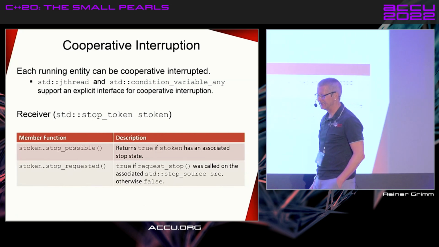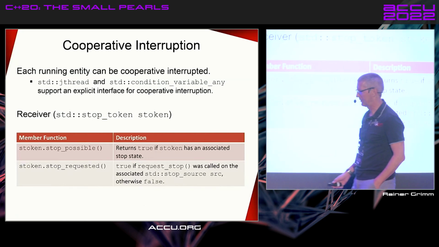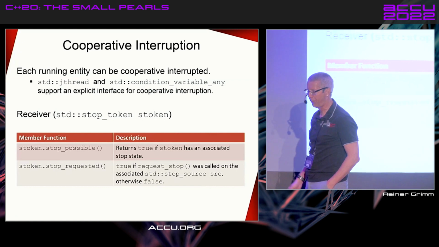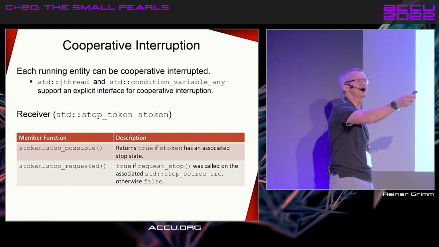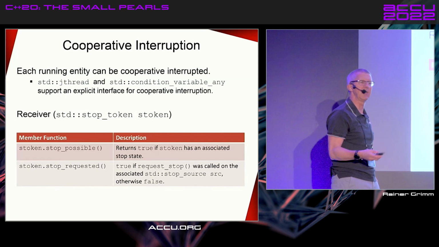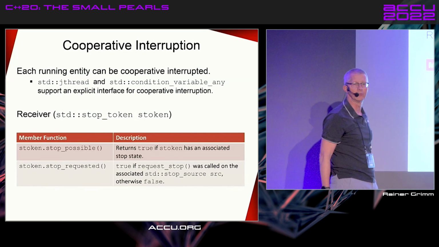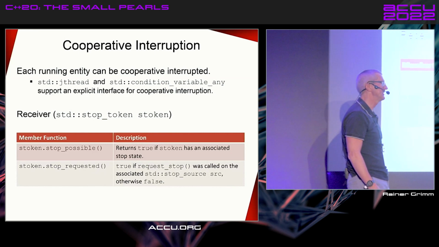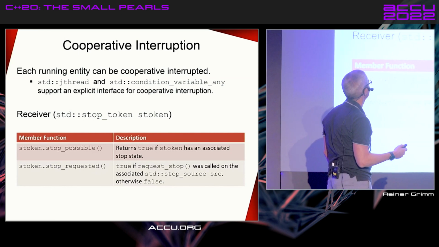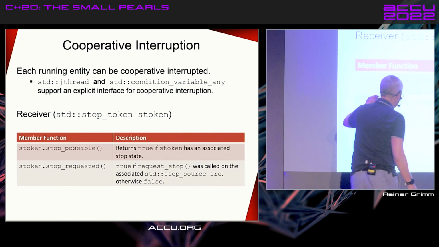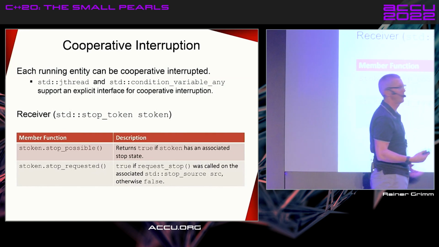With C++20, we have the concept of cooperative interruption, meaning I can ask a thread, please stop. And the thread can say to me, I don't want to do it, or I want to do it. This functionality is based essentially on the concept of a stop token and a stop source.